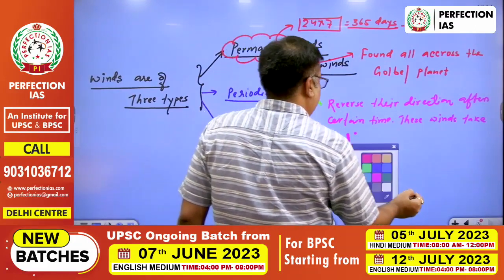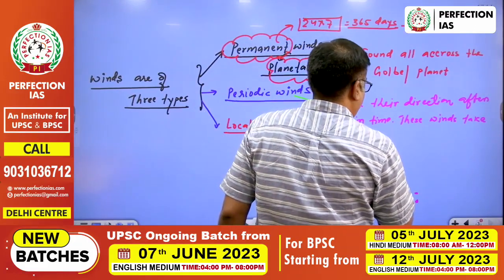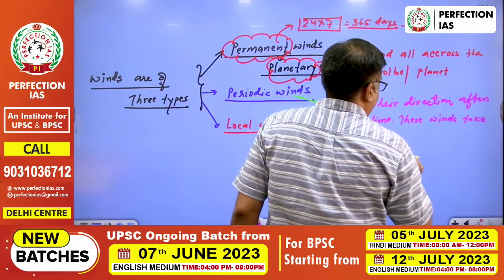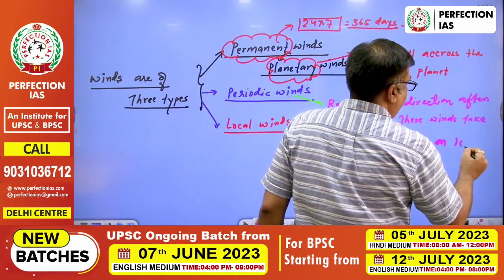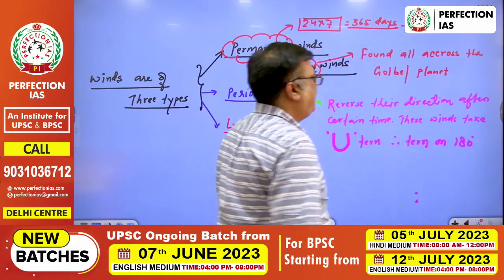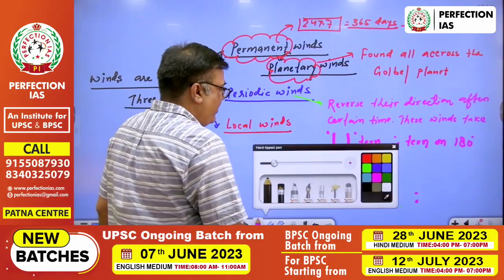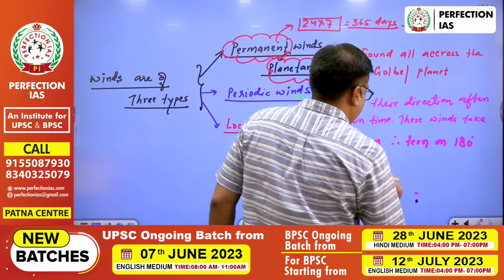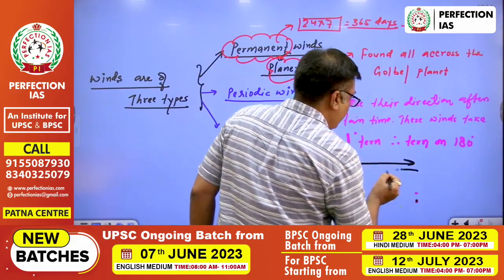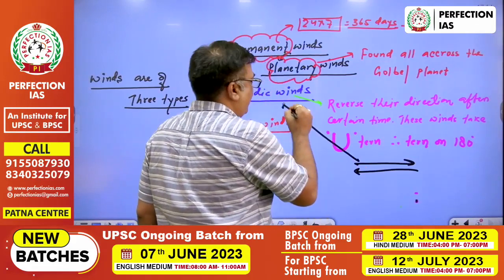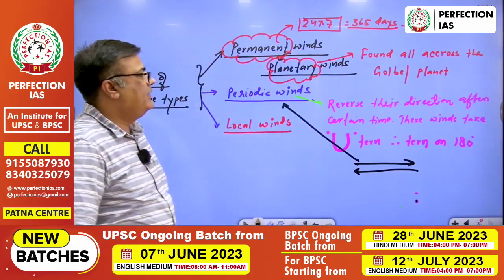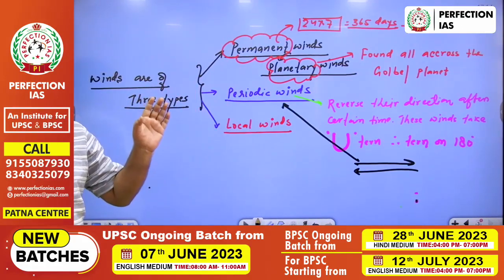U-turn means turn of 180 degrees. Means if any wind was blowing this way, it starts blowing this way. This is the feature of periodic wind.